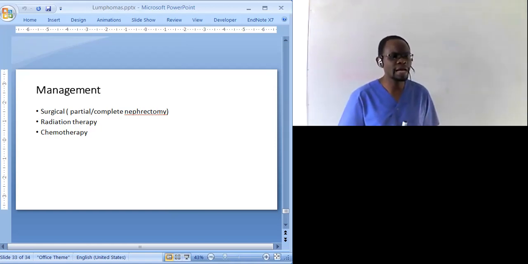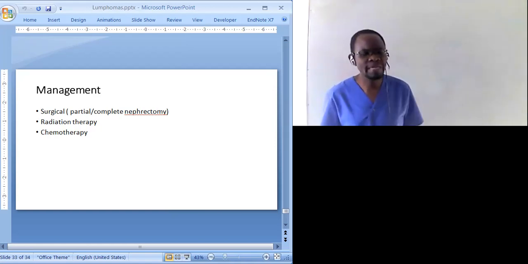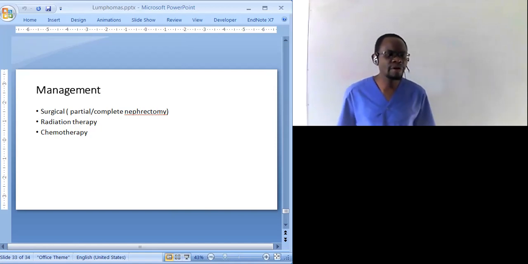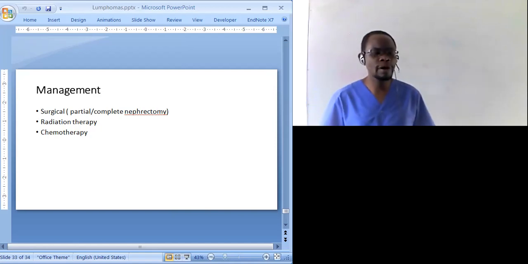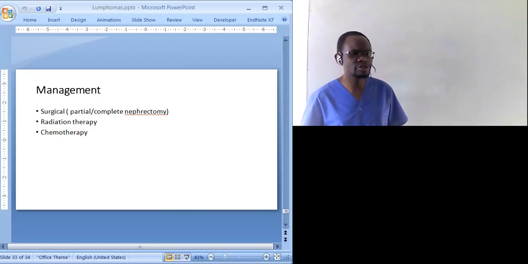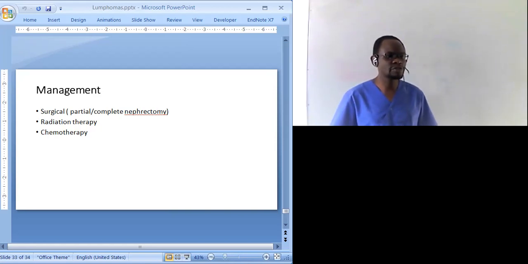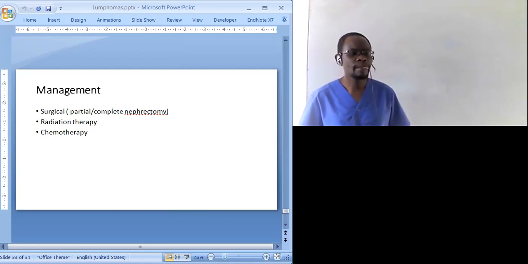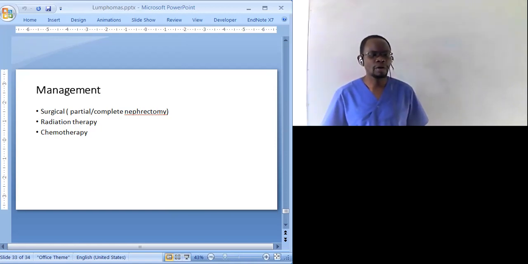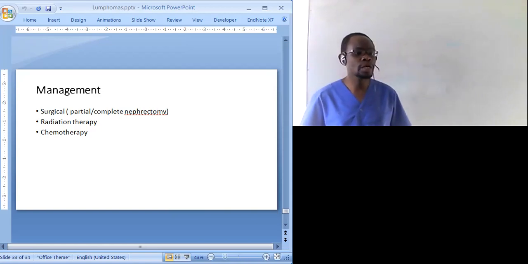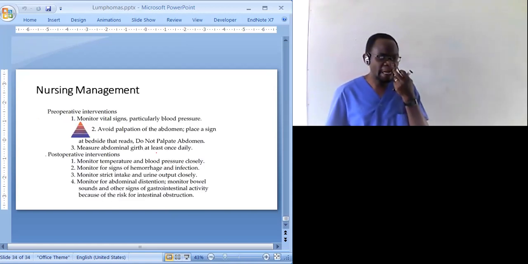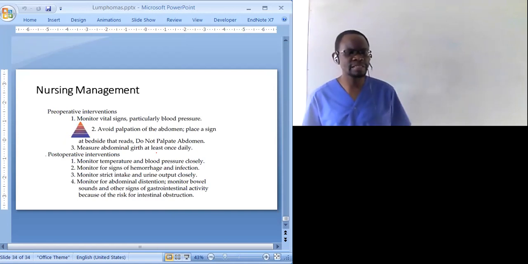Then radiation therapy and chemotherapy. These are the modalities of treatment that are usually done for patients who have Wilms tumor.